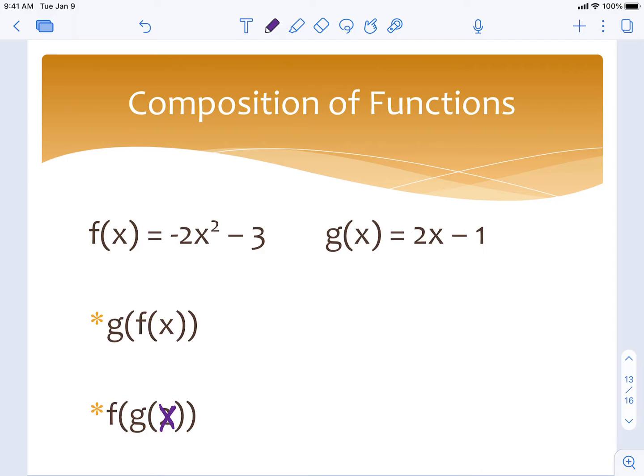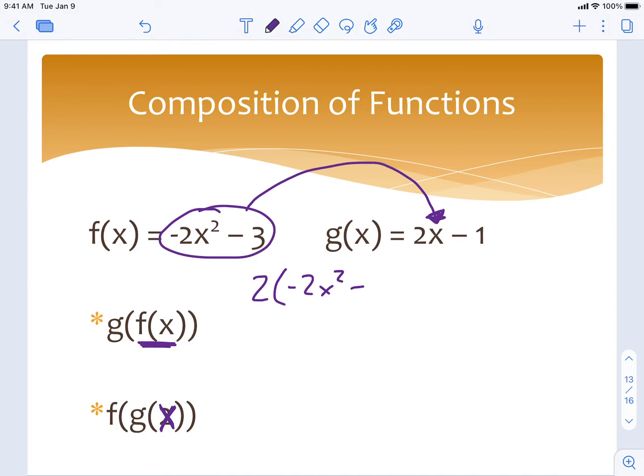What this means is I'm taking the equation f of x, and I'm plugging it in for x in g. So what this equals is, instead of 2x minus 1, it's going to be 2 times the equation, negative 2x squared minus 3, minus 1.